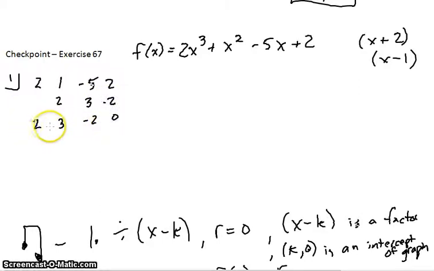So here's my first factored expression after dividing it by x minus 1. It's 2x squared plus 3x minus 2. So now I'm going to take that and I'm going to go one step further. I'm going to divide that by x plus 2. So I don't need this remainder anymore, and I have the coefficients lined up. So I'm just going to put a negative 2 here.